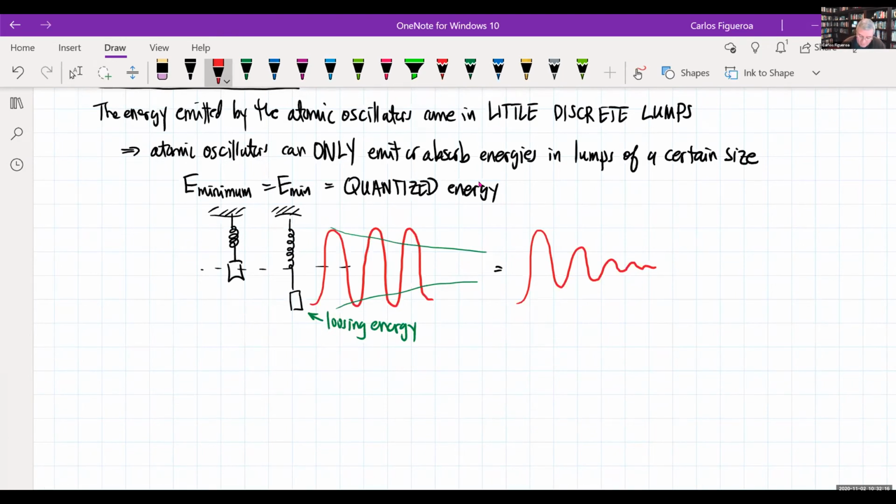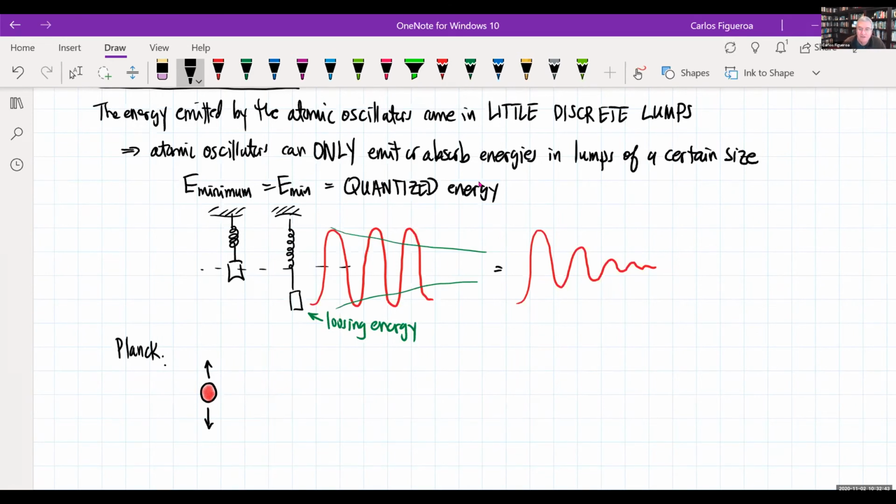But now, if you look at this picture, so now under Planck, what am I actually seeing here? I have an oscillator, right? Let's say this is my little oscillator and it's oscillating. So as this guy oscillates up and down, this oscillator also loses energy.